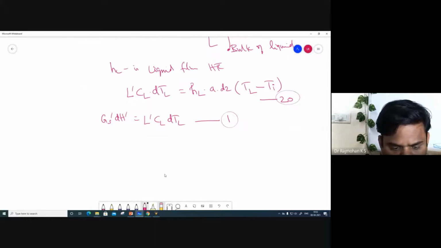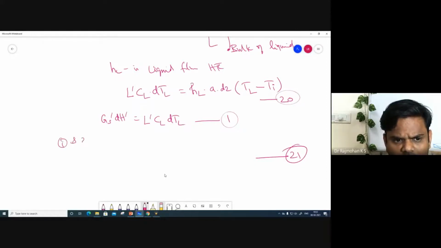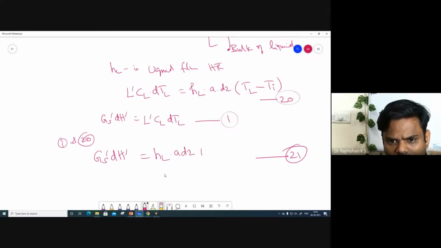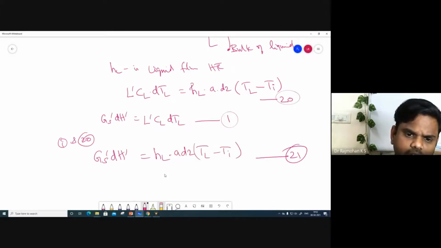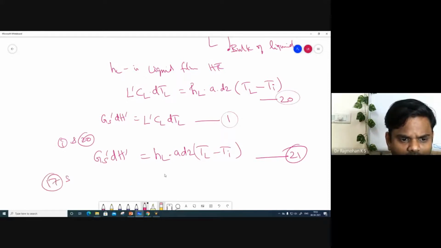If we compare these equations 17 and 21, so we can equate this from 1 and 20. We can write Gs' dH' is equal to hL into a into dZ into (TL minus Ti). Now compare that with equation 17. What is our equation 17?